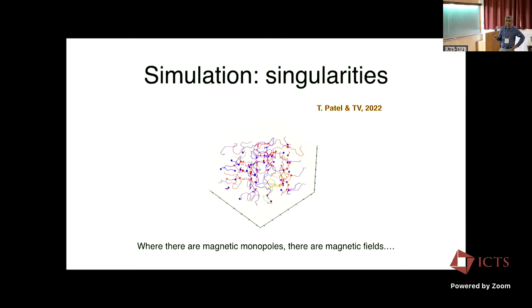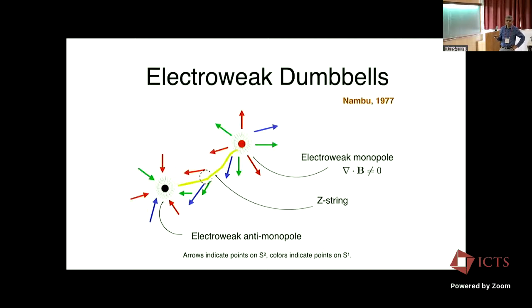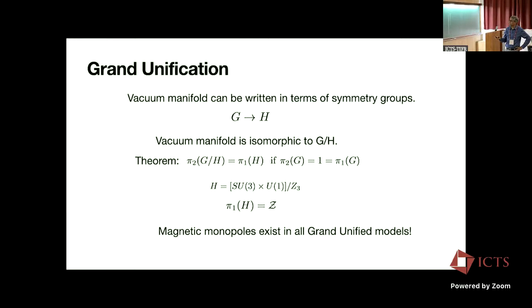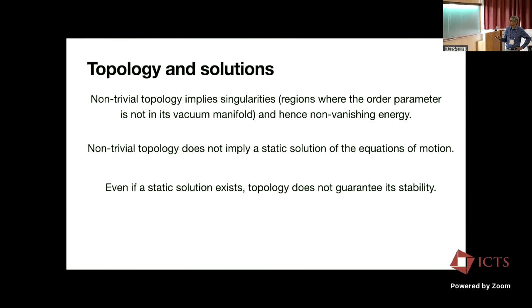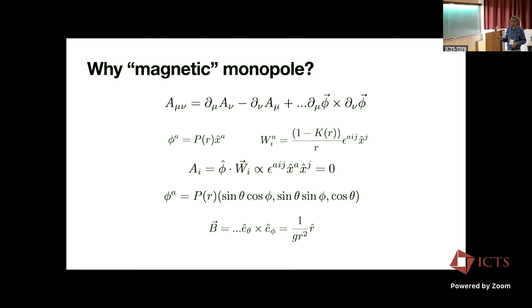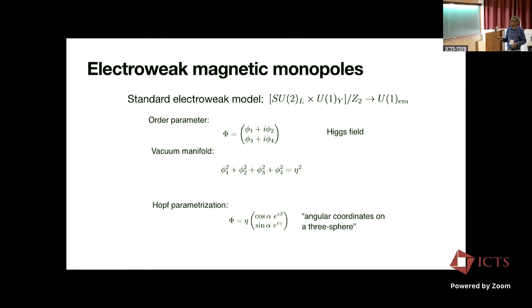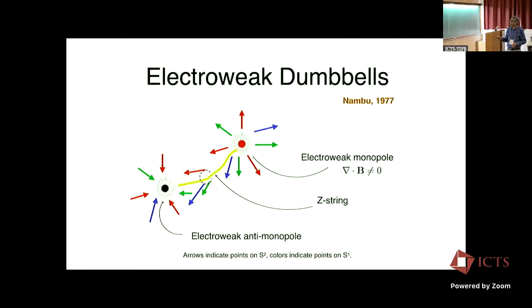The string width is the mass, but the length is the... So this brings me back to that earlier cautionary remark that I made: that you have a non-trivial topology does not imply a static solution of the equations of motion. So over here, this can't be a solution because the string is pulling these together.